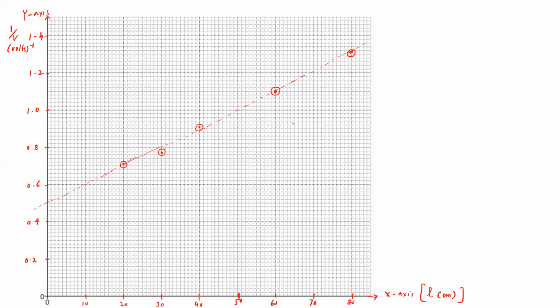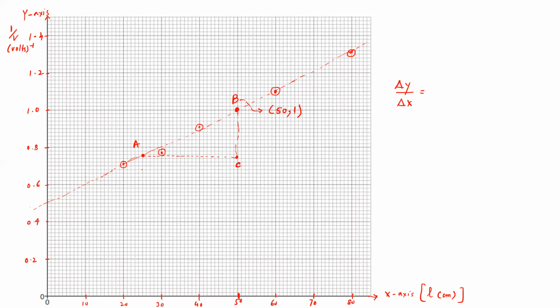I can use this point, I call it point B, and I go back and I can use this point, say this is point A. So my gradient is delta y by delta x. Say on the x-axis, point B is 50, and on the y-axis, point B is 1.